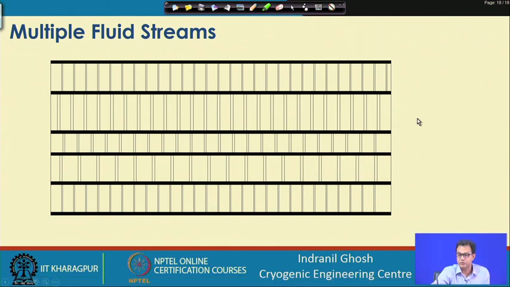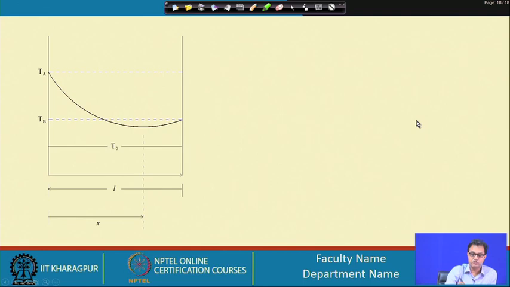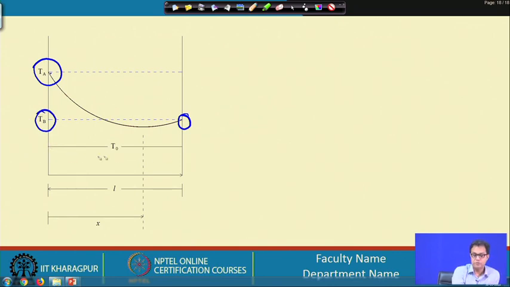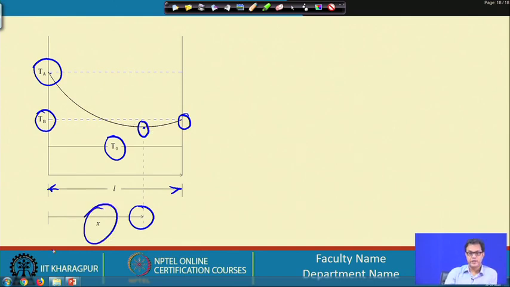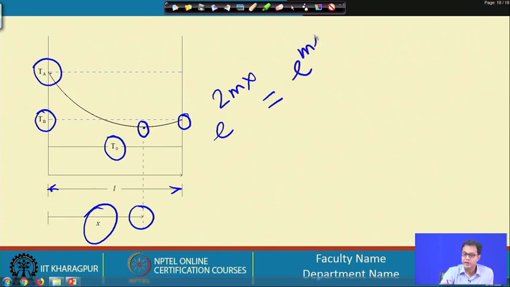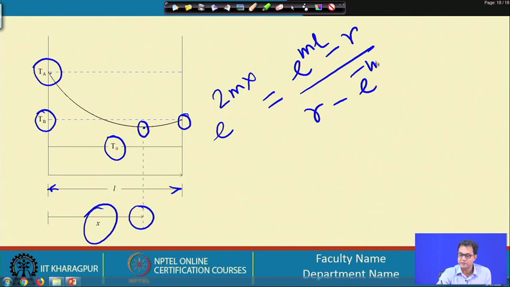If we look at this diagram, it may be a situation where this end is at TA and this end is at TB, and the fluid temperature flowing on top of that fin is T0, and its minimum is somewhere at this point x, where the total length is L. Now in this case we have the extremum located at this point, and we may try to find the position x, which will be given by e to the power 2mx equals e to the power ml minus r by r minus e to the power minus ml.